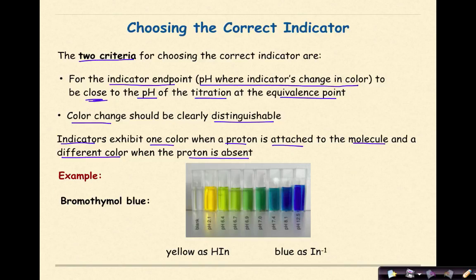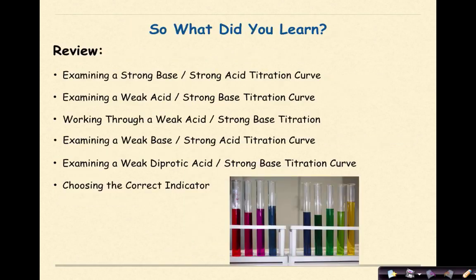So for example, bromothymol blue. As a weak acid, the solution will be more of a yellow color. And as a weak base, as in In-, we're going to see a blue color. And in the middle, where we reach our equivalence point, we'll see a green color, as we know that yellow and blue make green.